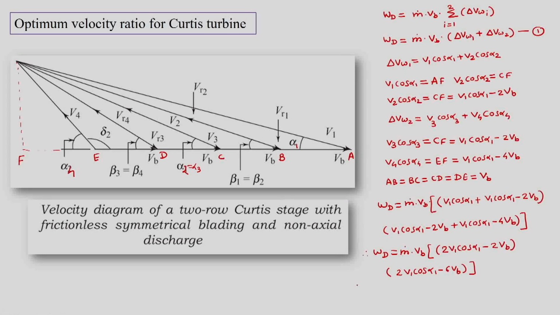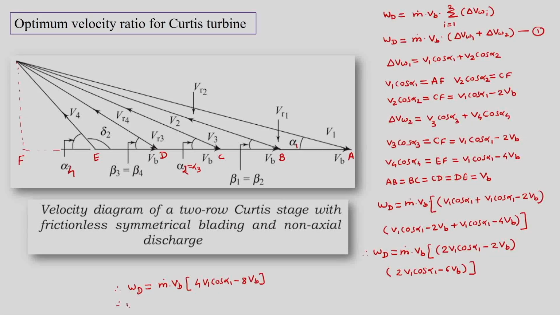So we will have WD is equal to m dot into VB into 4 V1 cos alpha 1 minus 8 VB.